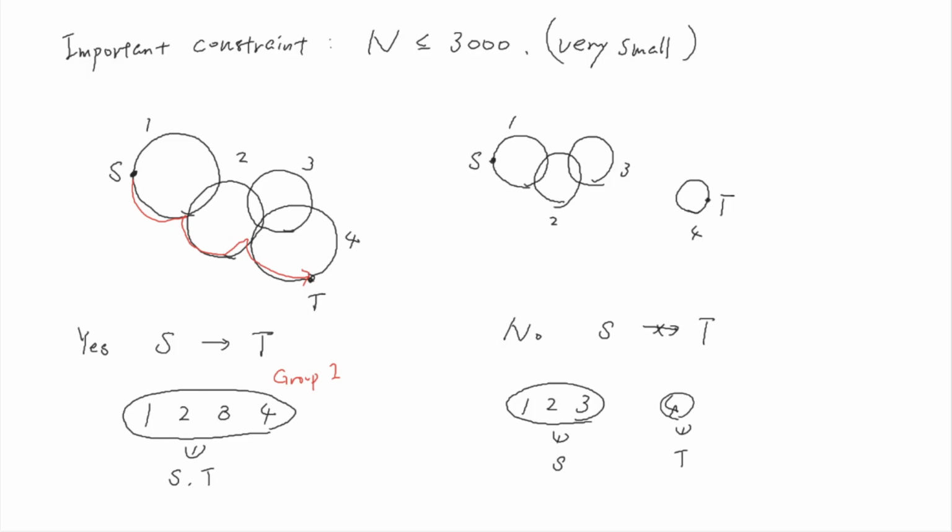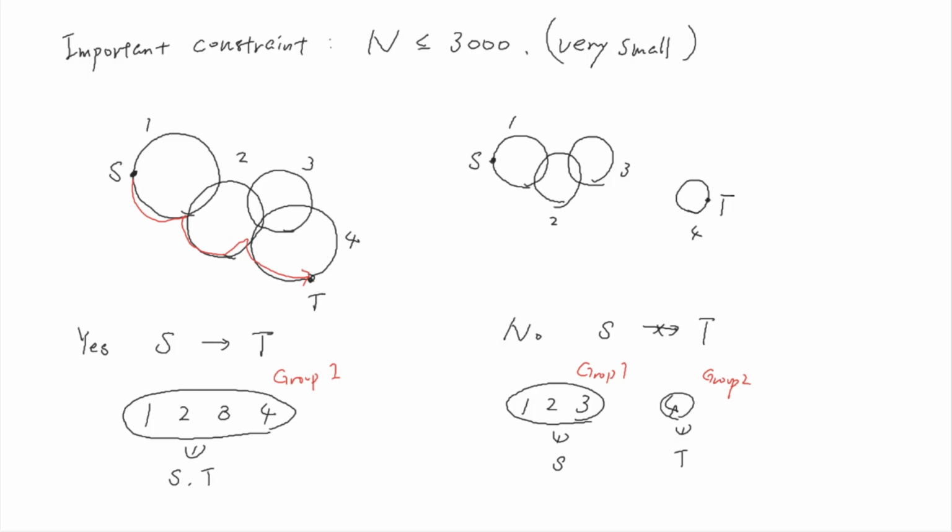But for the next example, we have two groups, group 1 and group 2, and S belongs to group 1, but T belongs to group 2.